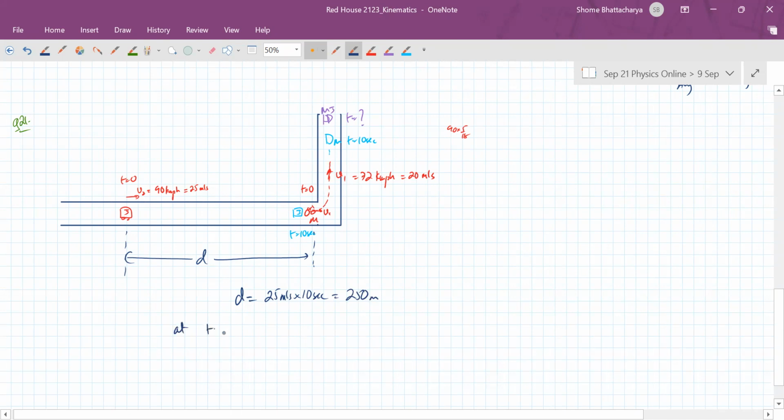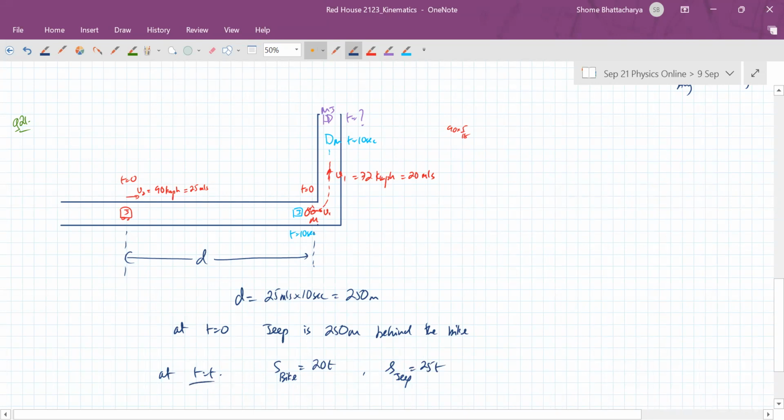So at t equal to 0, the jeep is 250 meters behind the bike. Okay. So at some general time t, the distance traveled by the bike is 20t, and the distance traveled by the jeep is 25t.